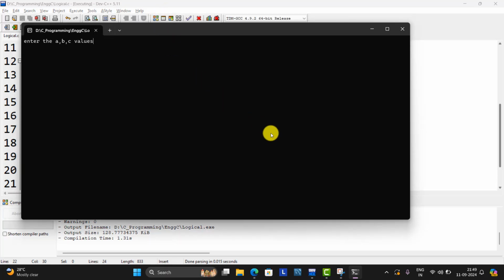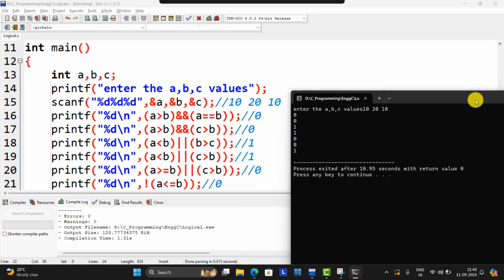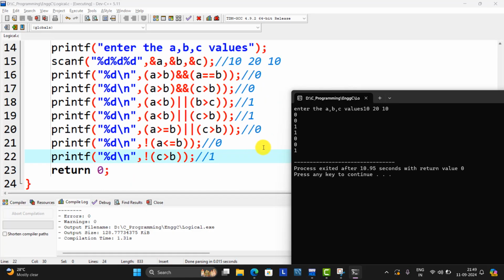What I am checking is 10, 20, 10. Let us compare these values: 0, 0, 0, 0, 1, 1, 0, 0, 1. Whatever I was expecting in comments, those are displayed as output.